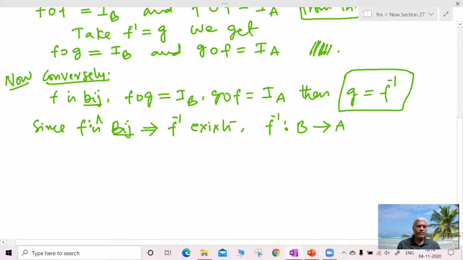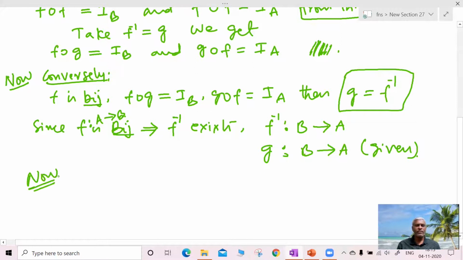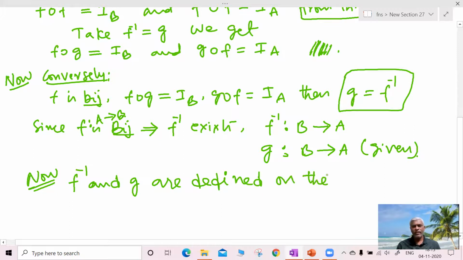So f is a function from A to B and a bijection, then f inverse is a function from B to A, and g is a function from B to A. It is given in the theorem. Now, both functions are defined on the same domain B. So it is clear that f inverse and g are both defined on the same domain.